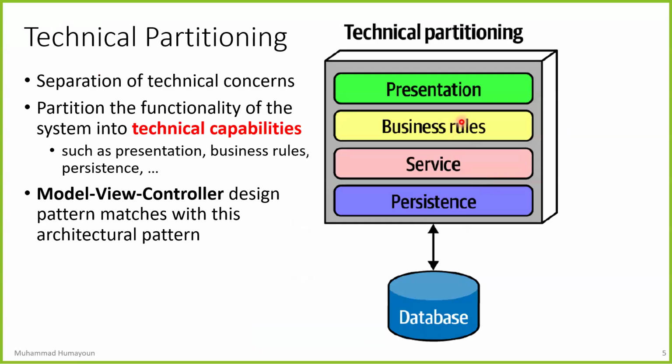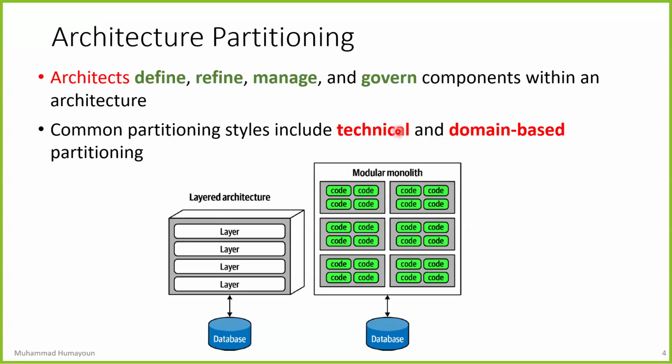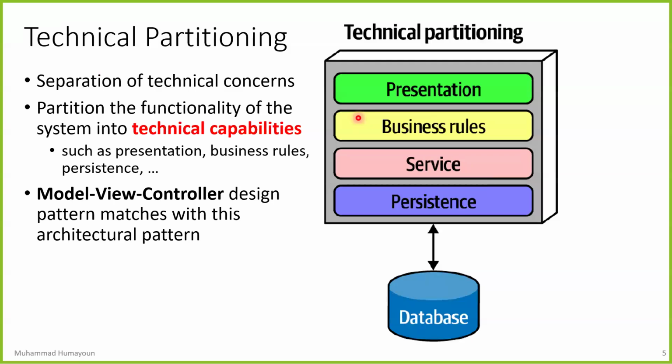Okay, so first we are going to discuss technical partitioning. As the name suggests, there is a separation of technical concerns within your code. So you have one layer as presentation, another layer containing all the code related to business rules, one layer containing service, one layer containing persistence, and then the persistence layer talks to the database, and your data is stored here.